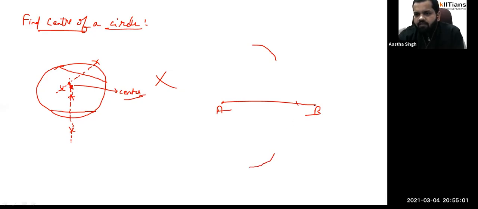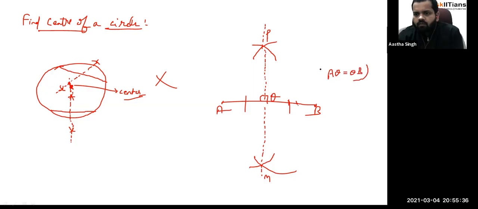With the same radius, pointed at B, make the same arcs above and below. Join these 2 points and name them. Let's say this point is P, this point is M, and this point is Q. You will find that these angles are 90 degrees. It means perpendicular, and AM will be equal to what? This is how perpendicular bisector works.